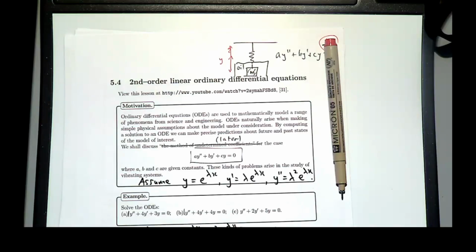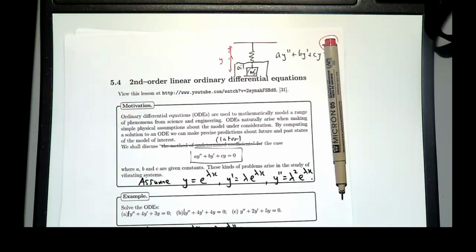Who can tell me what's the characteristic equation for this general system up the top? What is it? What will it be? The characteristic equation. A lambda squared plus B lambda plus C. Yep, that's what you're going to say too, right? Yep.